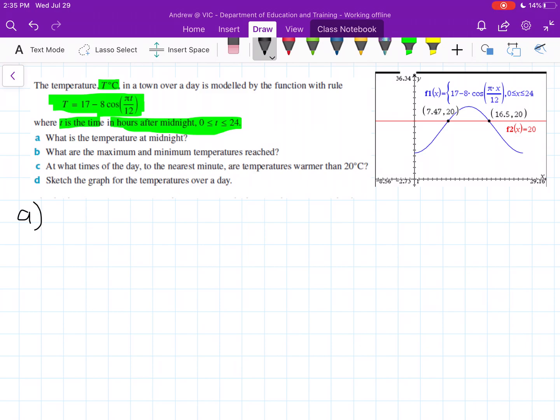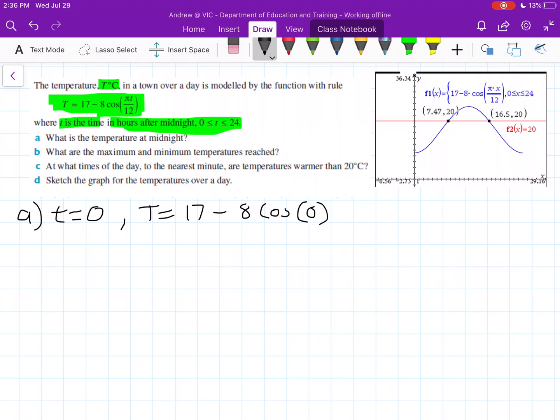So the temperature at midnight here, we just need to work out what our value of T is. At midnight, how many hours have passed? That's 0. So what we need to do is substitute T equal to 0 into our equation. So our temperature is going to be equal to 17 minus 8 cosine 0.